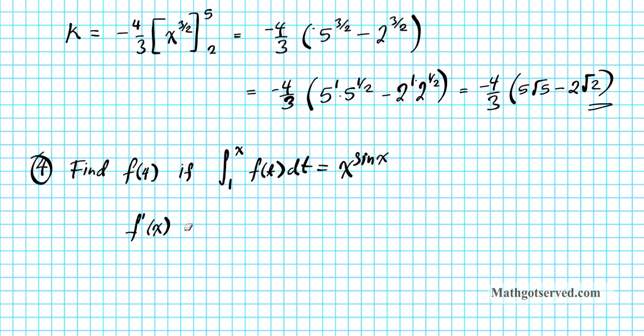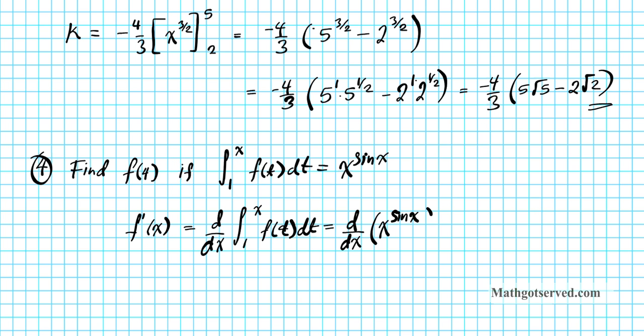So f prime of x is basically the derivative of the integral from 1 to x of f of t dt, which is equal to the derivative of this expression x to the sine x. Okay?